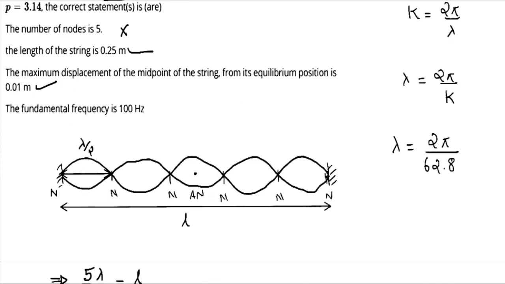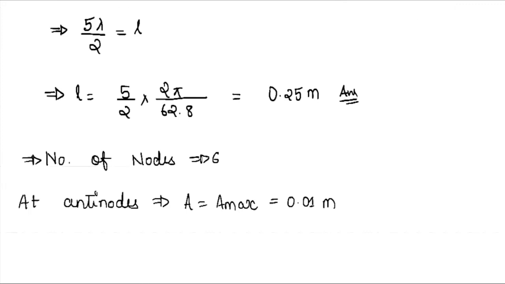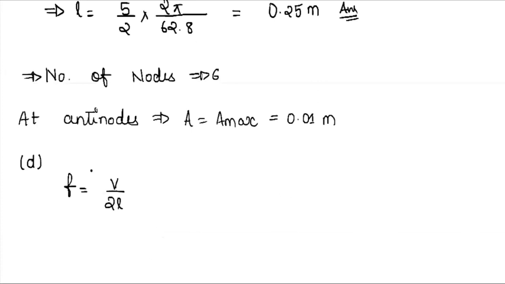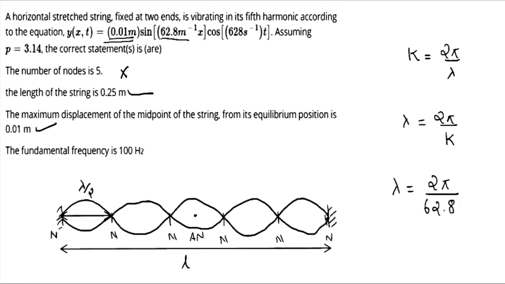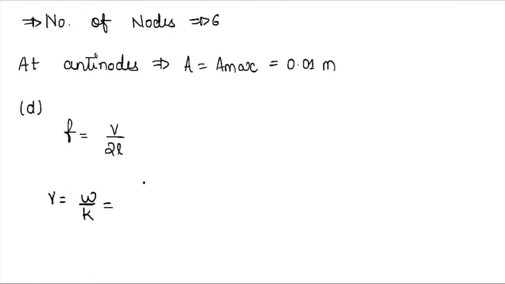If we talk about our fourth option, it is about the fundamental frequency. So f, our fundamental frequency, will be velocity upon 2L. Our velocity will be simply omega by k. We know the value of omega from the equation and also the value of k. Our omega will be 628 and our k will be 62.8 per meter.